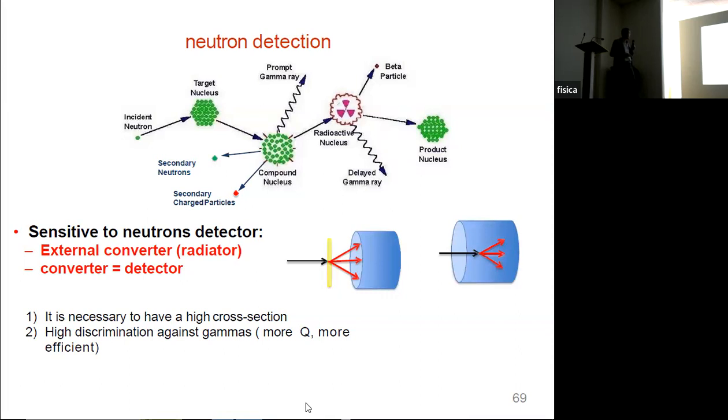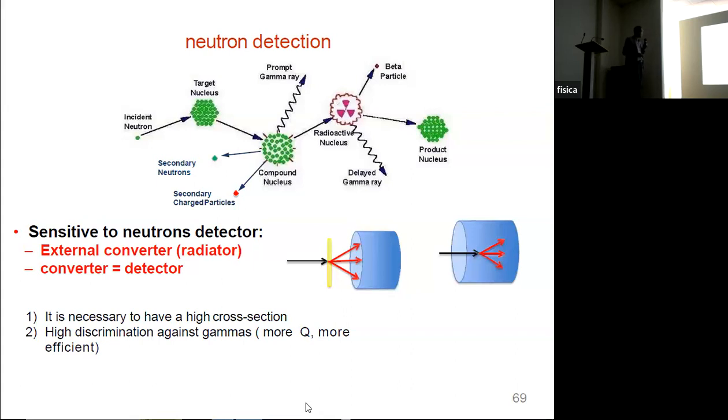In order to detect neutrons, the material used as a converter should have a high cross section. That's the first thing. And second, in many applications it's very important to distinguish between neutrons and gamma rays.